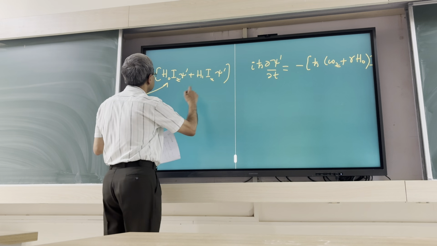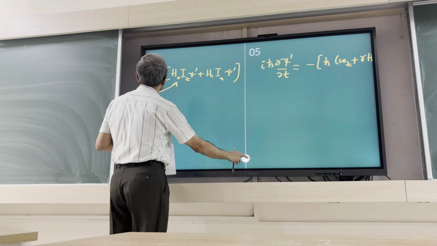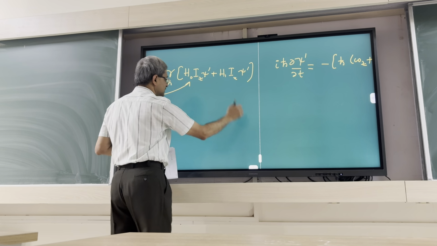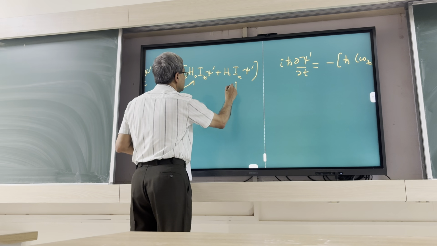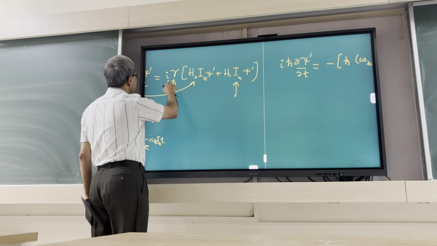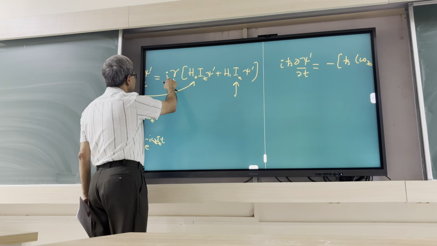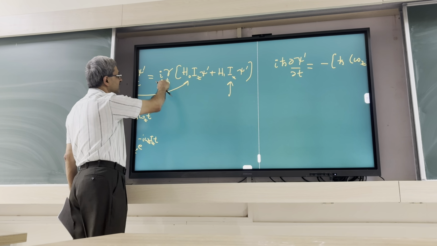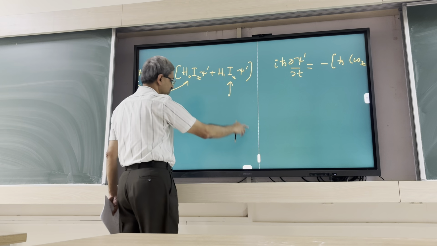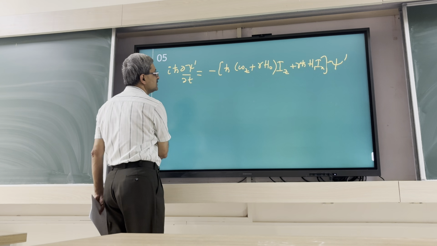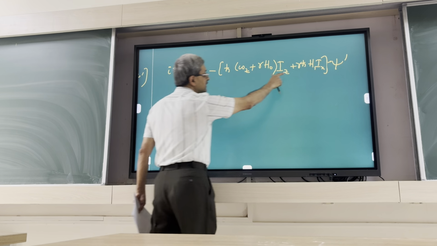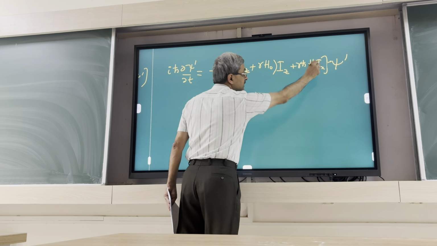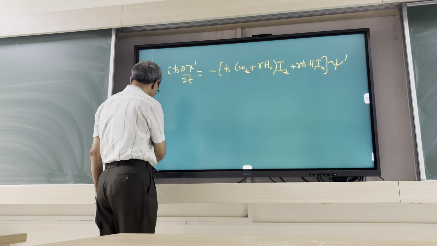For this term, from here you will have an I square, so minus 1, so minus gamma h bar h1 Ix, so the minus is here, then gamma h bar h1 Ix, so this is okay.